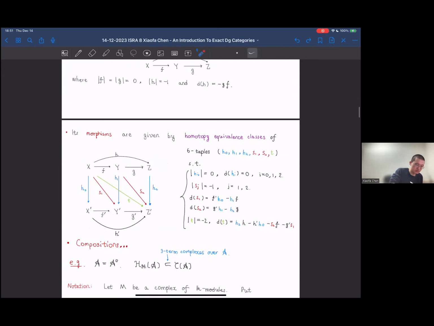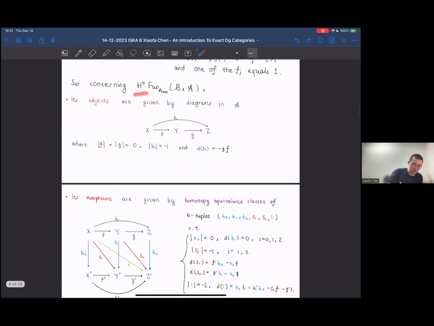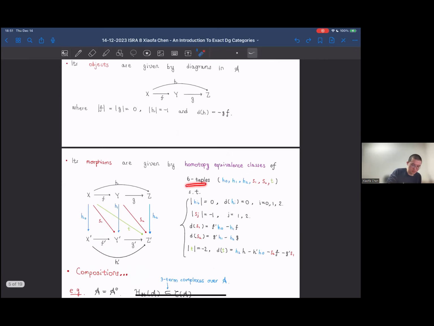And its morphisms, because here is H0 of a DG category, the morphisms will be homotopy equivalence classes of certain morphisms. And here the morphisms are given by 6-tuples.